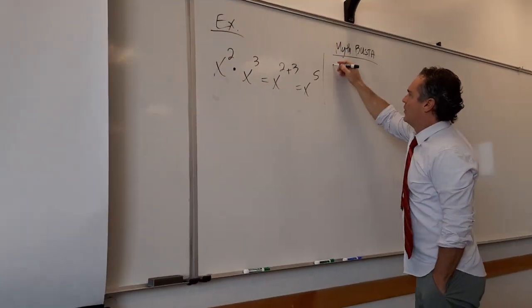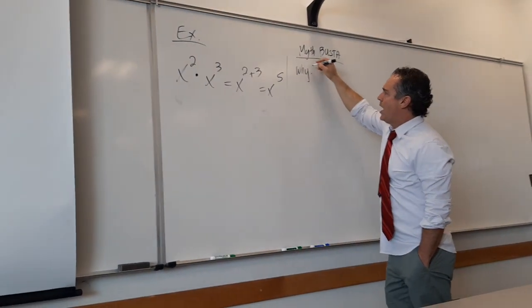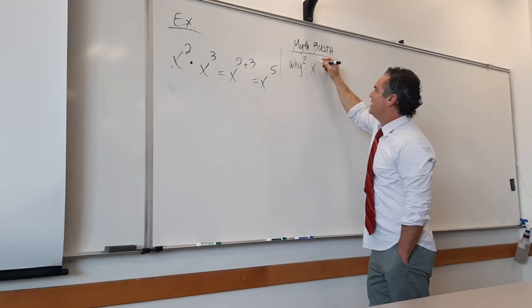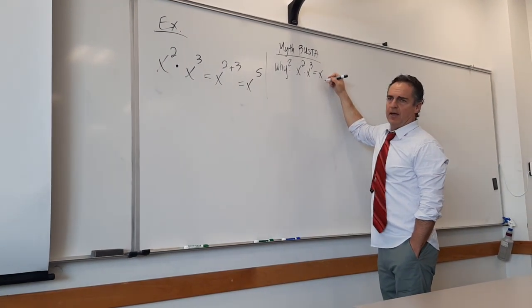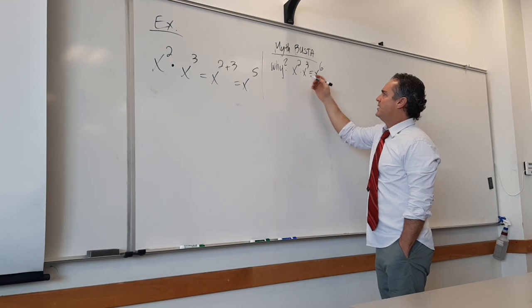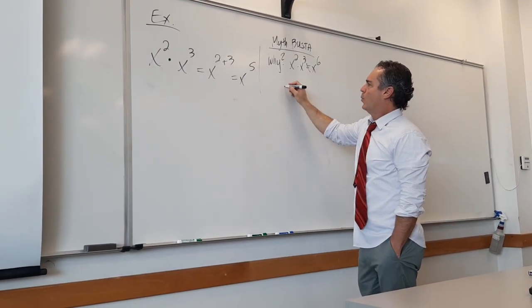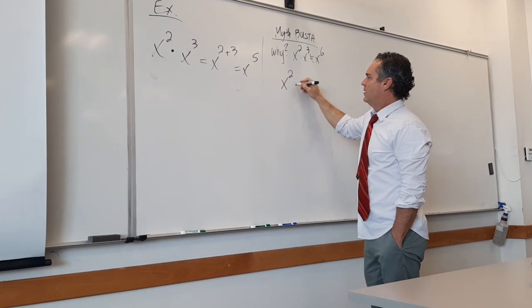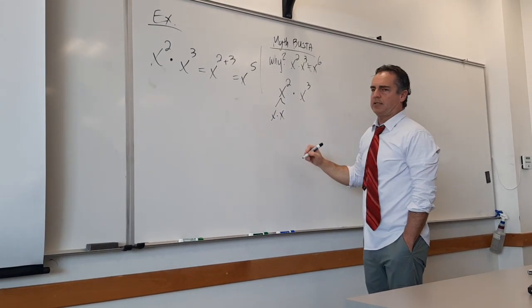Well, the question here, and again, I would wait to write this until you see this, but why isn't x to the second times x to the third equal to what? X to the 6th. X to the 6th, right? Why doesn't it equal that? Okay? Well, we're going to take x to the second, multiply times x to the third. Do you all agree with me that x to the second is x times x?